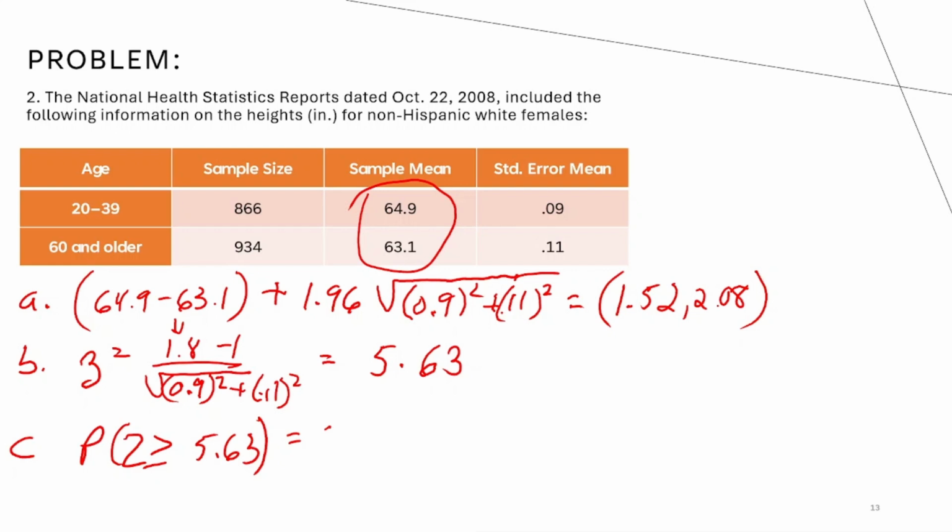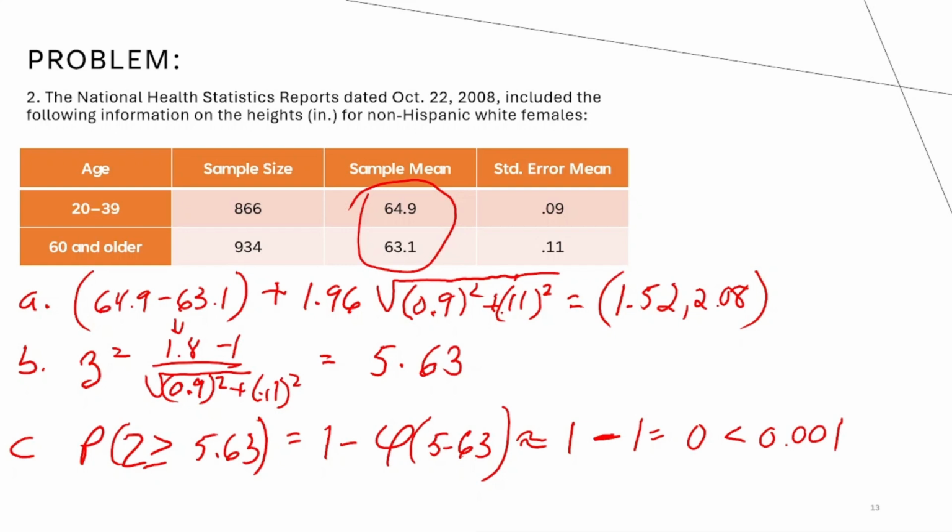1 minus phi, if we're using our tables, of 5.63, and the value that you get from the table is roughly 1 as well, so we're looking at roughly 0, which, based on our threshold, is less than 0.001.